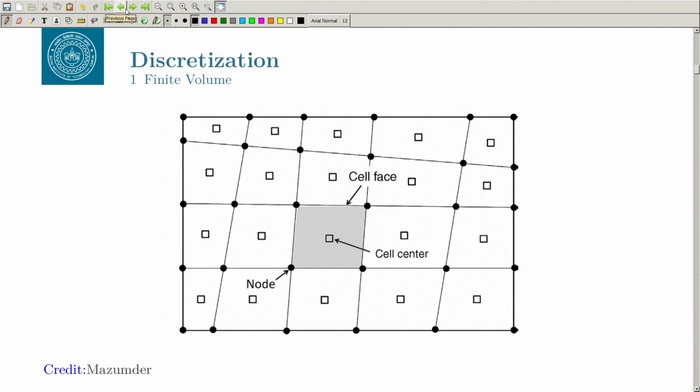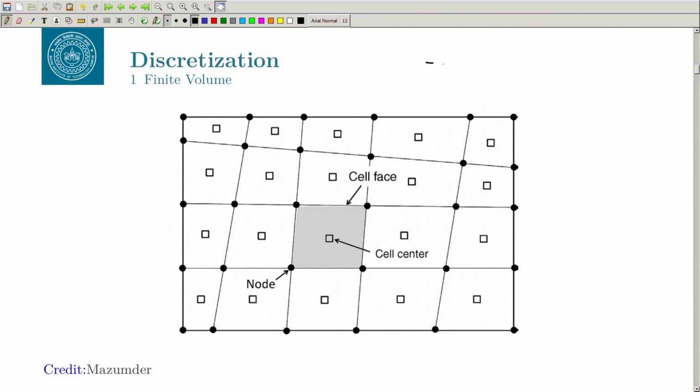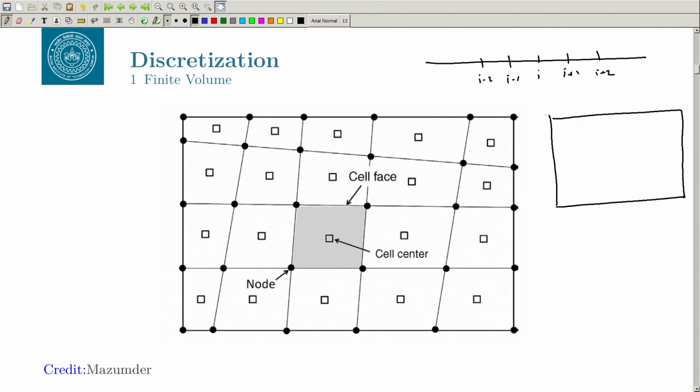Right. In the finite volume, you basically do not need a structured mesh. So, let us say you want to solve the problem that we had earlier. In 1D you are basically solving i plus 1, i minus 1, i minus 2 and i plus 2 and so on and so forth, right. If it comes to 2D, you will have a mesh like we have been discussing, for example, the case of the lid driven cavity.